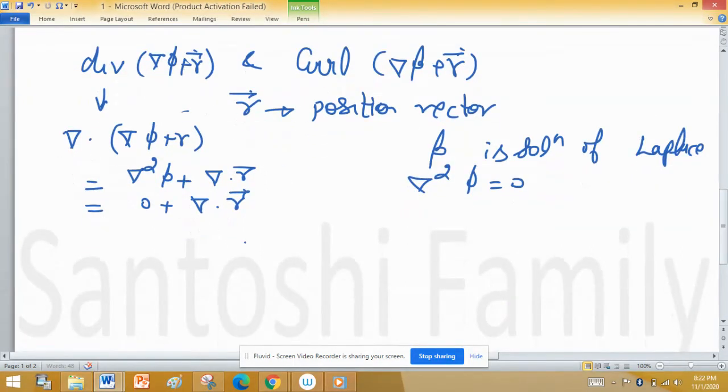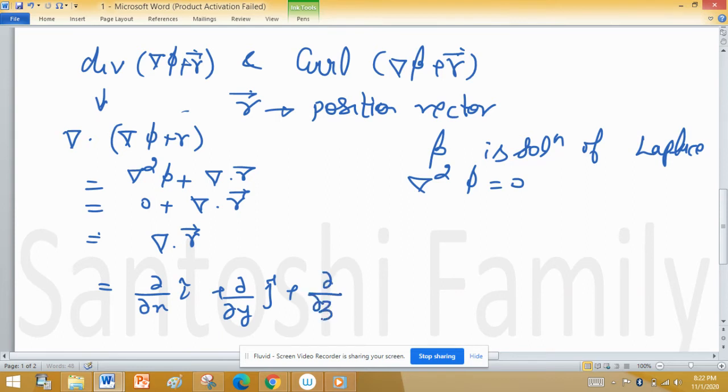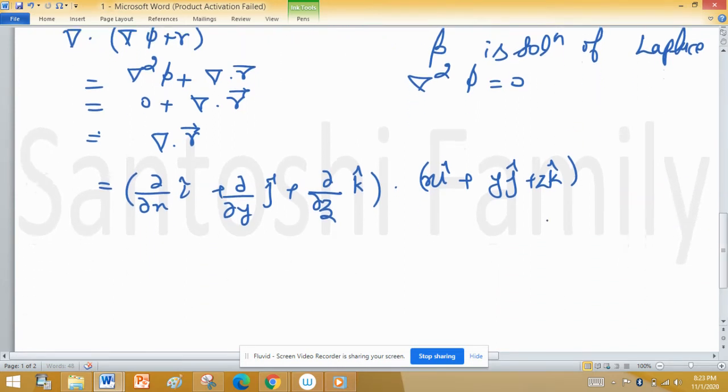Now we have to compute nabla dot R, the dot product. So del upon del x i hat plus del upon del y j hat plus del upon del z k hat, with the position vector r, x i hat plus y j hat plus z k hat. In the dot product, we normally use i with i, j with j, and k with k, as you can understand.